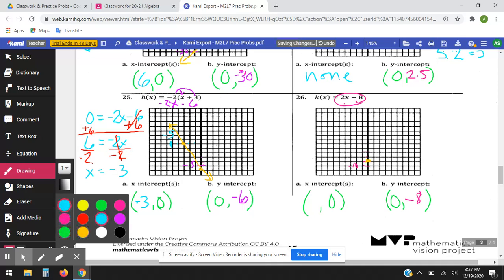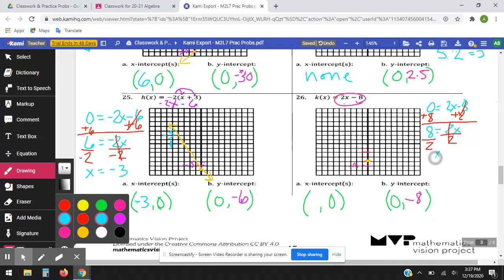Okay, let's plug in our 0 for y. 0 equals 2x minus 8. Get rid of my minus 8 with the plus 8. Those cancel. 8 equals 2x. Get rid of a times 2 with the divide by 2.